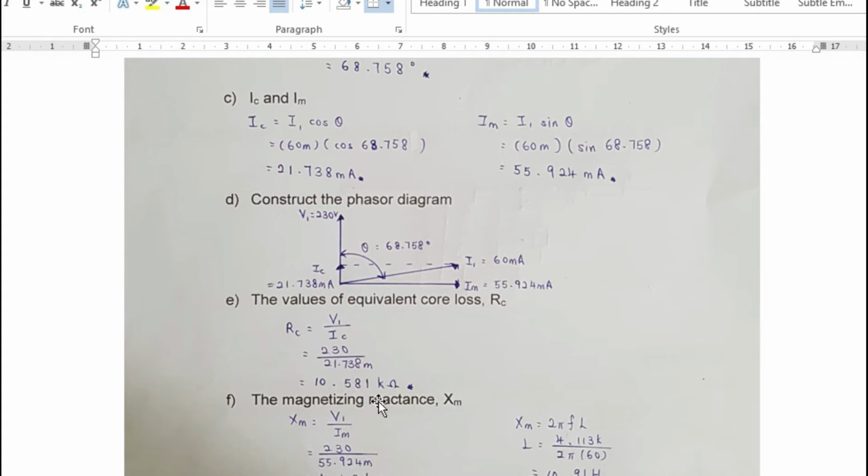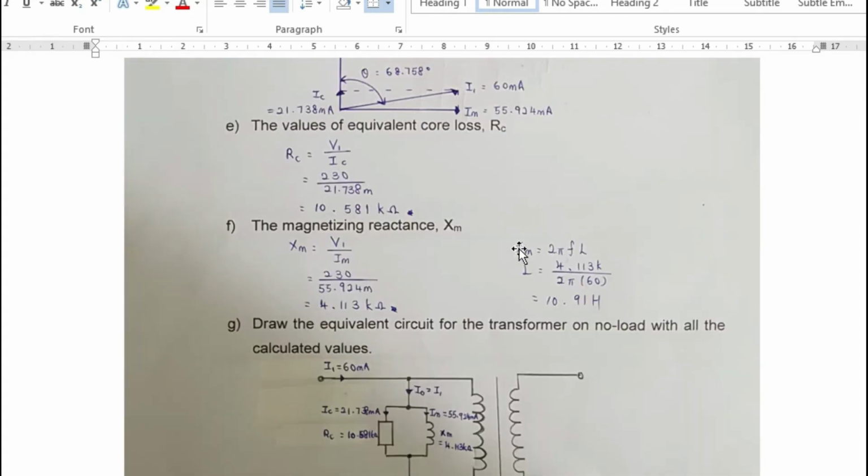10.581 kilo ohms. To find L1, we use the formula of XM, which is XL equals 2 pi FL. We have to find XM first. We use Ohm's law: XM equals V over I, where I is IM, the current through XM.